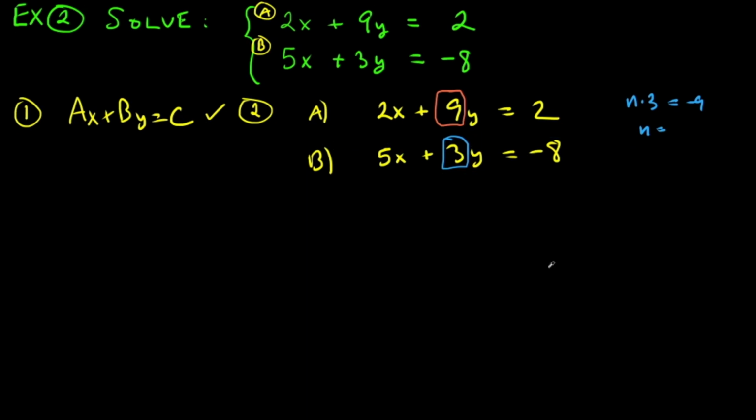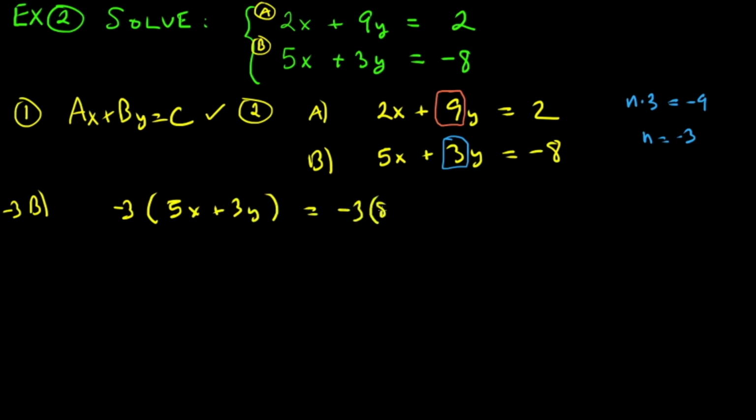Oops, I didn't mean to erase that. So we'll multiply B times negative 3 here. So equation B times negative 3, so negative 3 on the left, and negative 3 on the right.